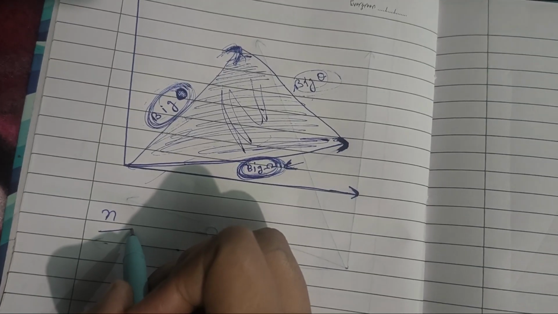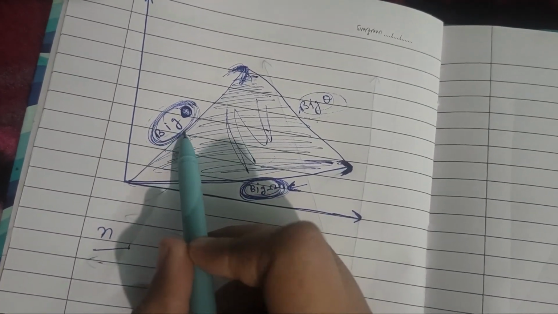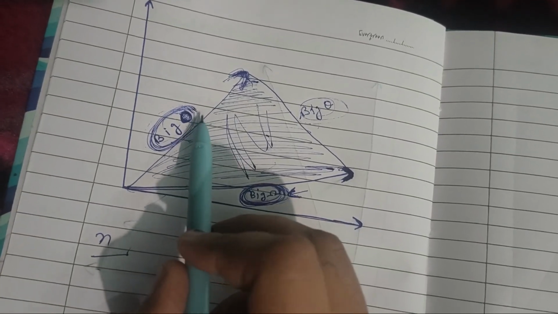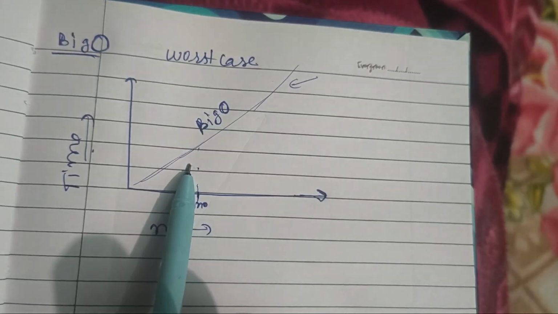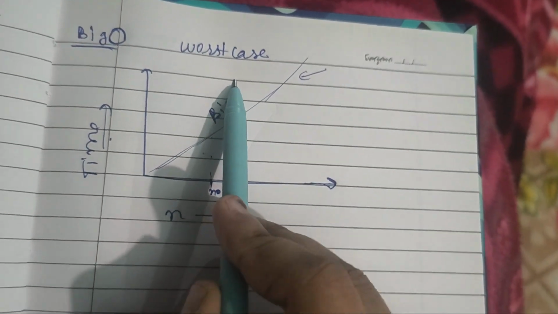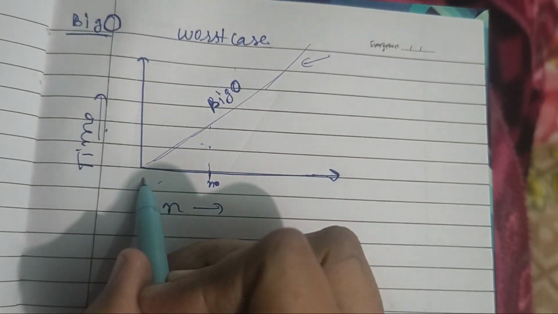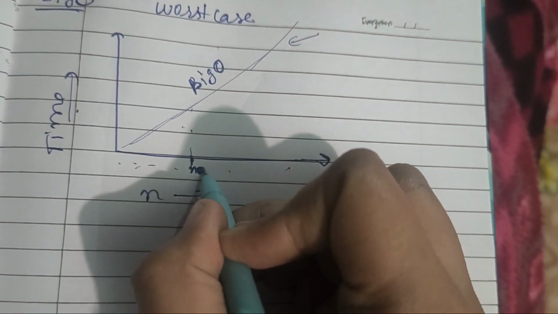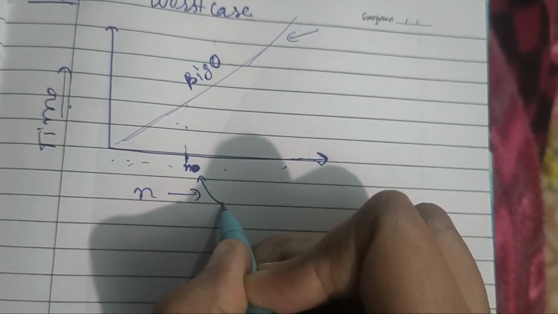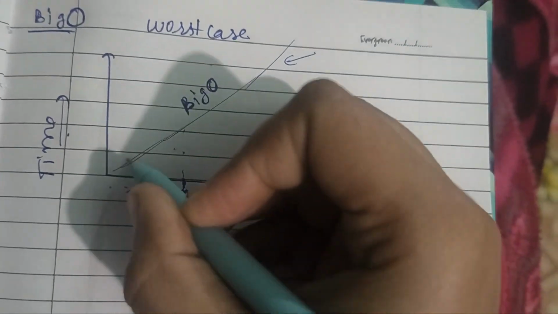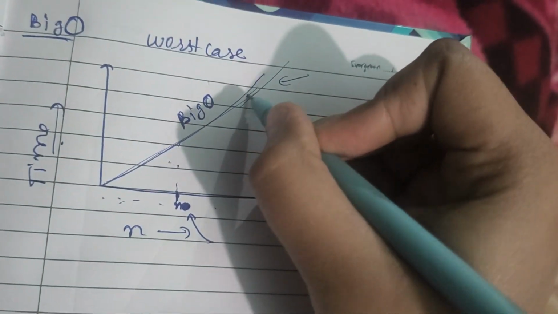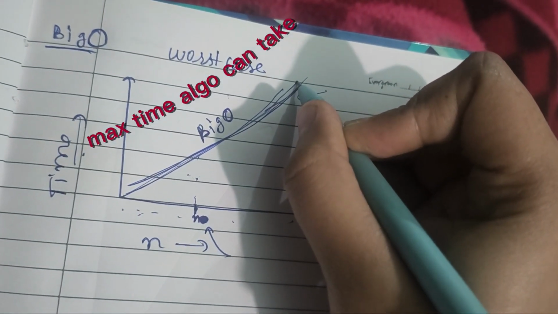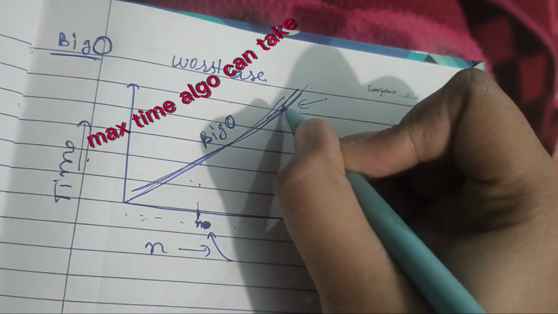So whenever an interviewer says calculate the time complexity, we have to calculate the maximum time an algorithm will take, like for the worst case, big O. This diagram is especially for the worst case. Suppose these are items 1, 2, 3, up to n. I am taking n0. This is a very large number, suppose, and this is the upper bound, meaning this is the worst time possible this algorithm can take.